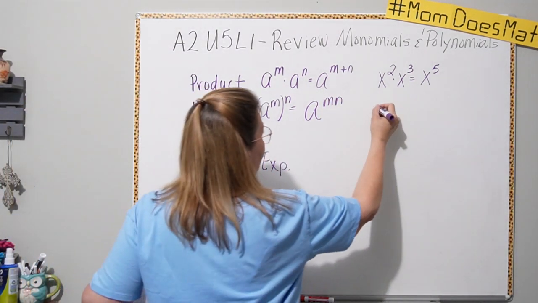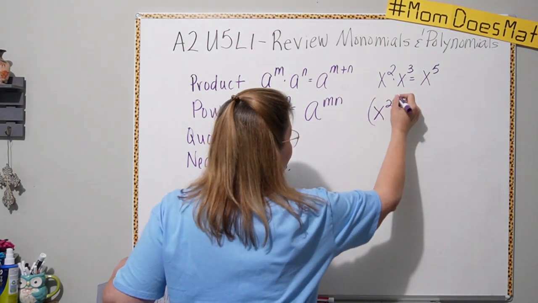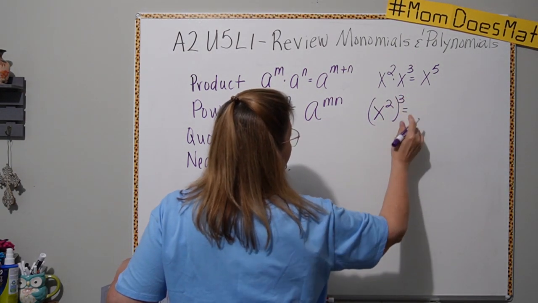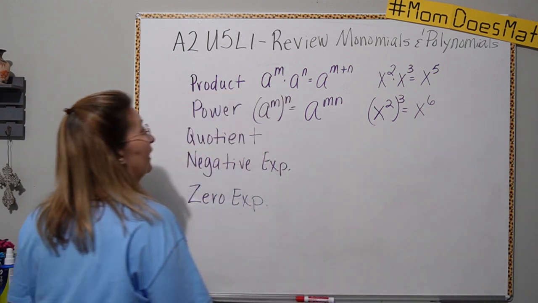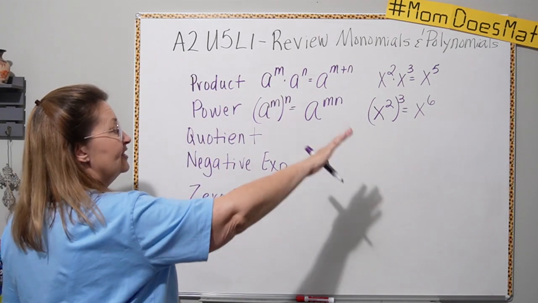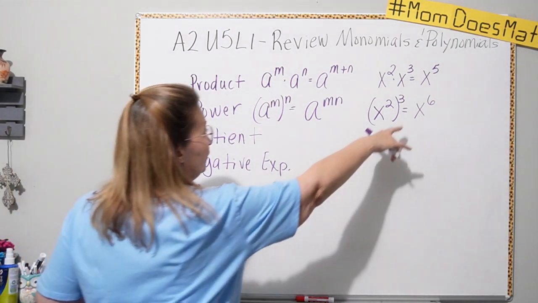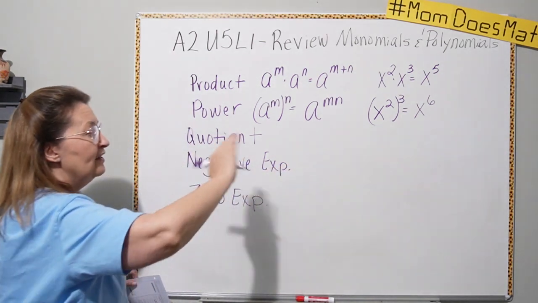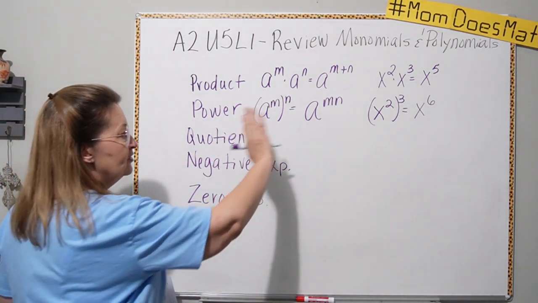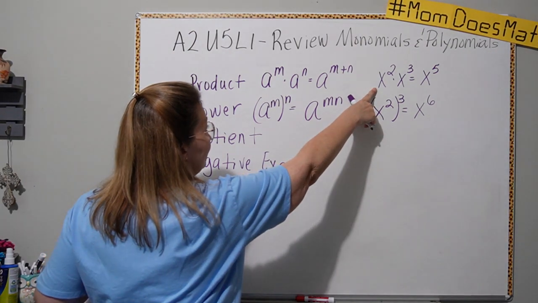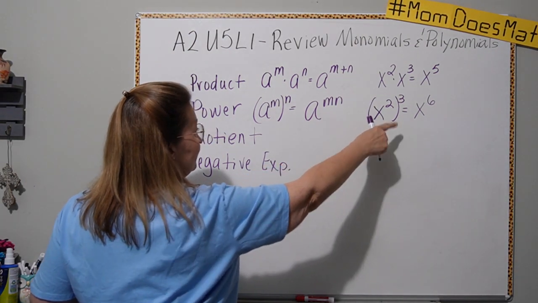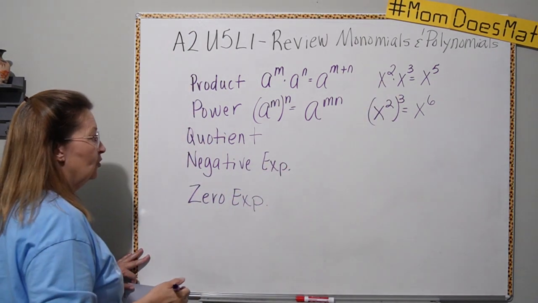And an example of that would be if I took x to the second to the third, you're going to multiply exponents, okay? Now, you've probably seen this expanded out, and that's how you come to the conclusions. This just saves you time. If you expanded both of these out, you would see you'd wind up with 5 x's here and with 6 x's here. So, just makes it shorter.